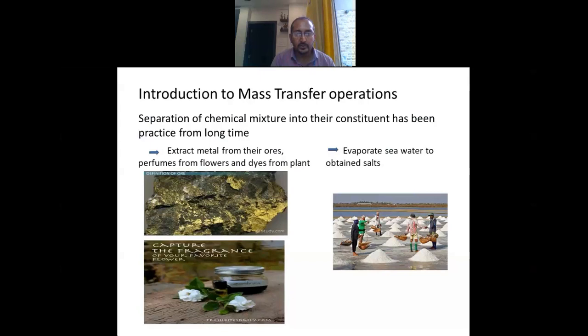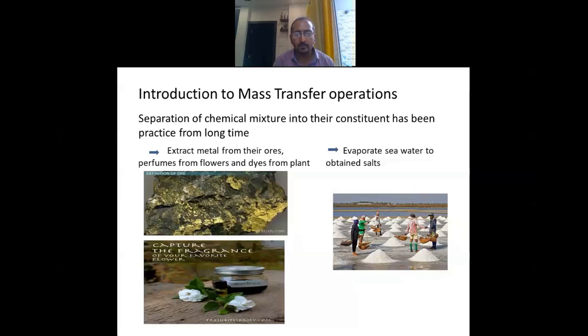So let's introduce ourselves to the mass transfer operations. Separation of chemical mixtures into their constituents has been practiced for a long time. Even when chemical engineering was not founded, the extraction of materials and mass transfer operations were practiced from very ancient times. For example, extraction of metals from their ores, perfumes from flowers, and dyes from plants.